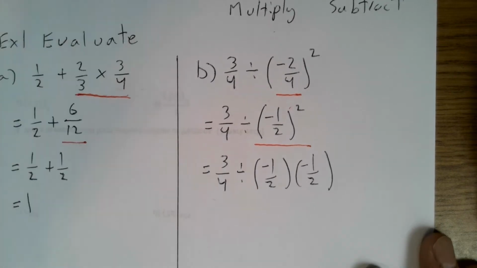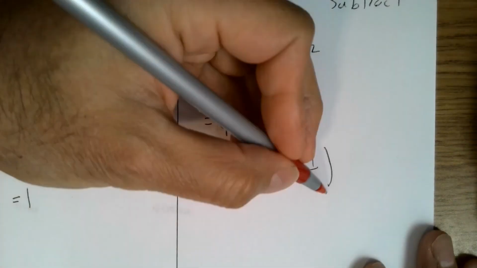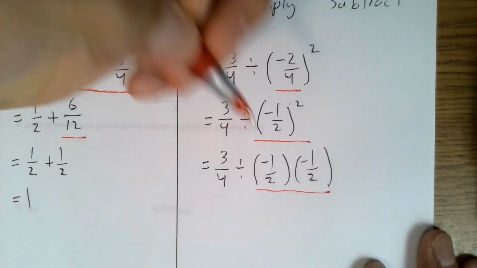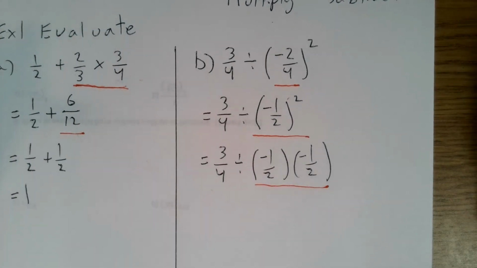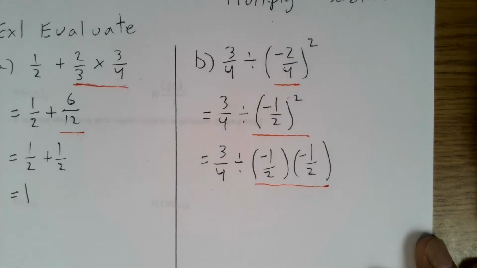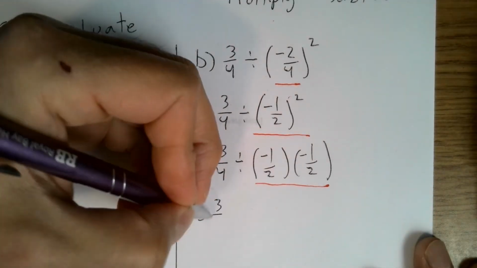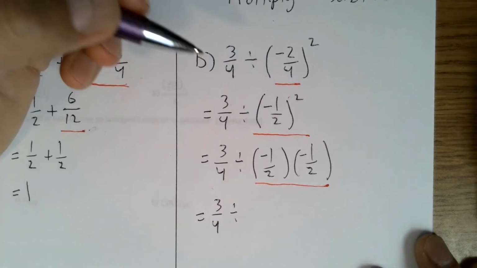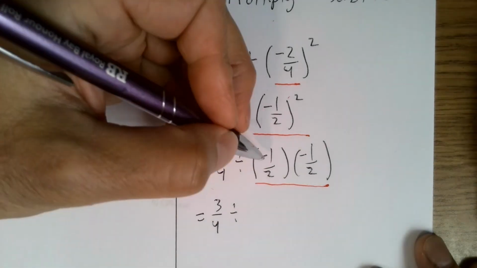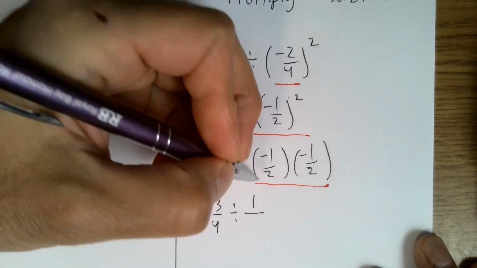I need to be careful though, because this is still actually the exponent, the -1/2 times -1/2. So I don't want to think about BEDMAS again. I just want to do the -1/2 times -1/2. So equals the line above, 3/4 divided by, and I'm going to replace -1/2 times -1/2 with -1 times -1 is 1, 2 times 2 is 4.